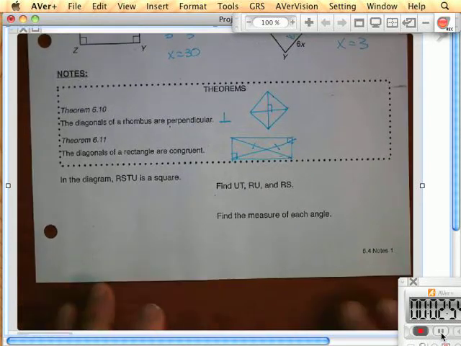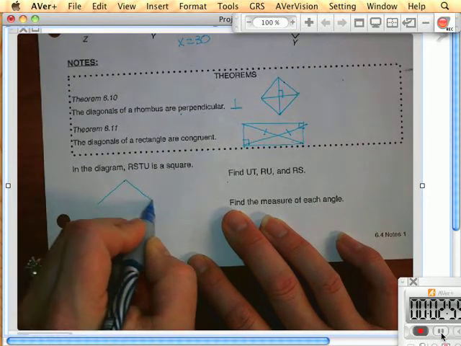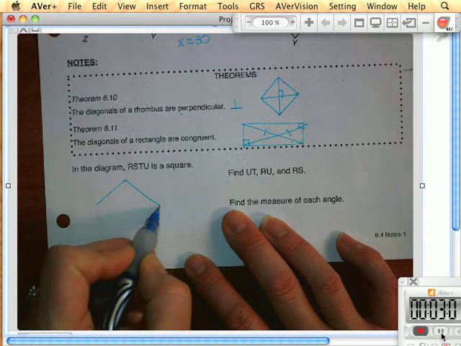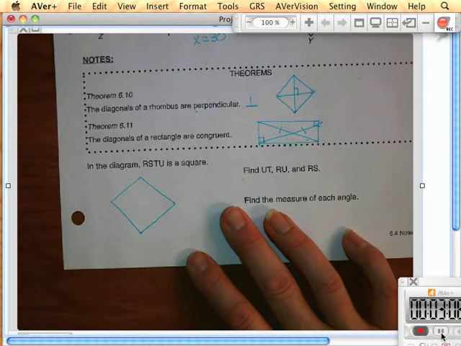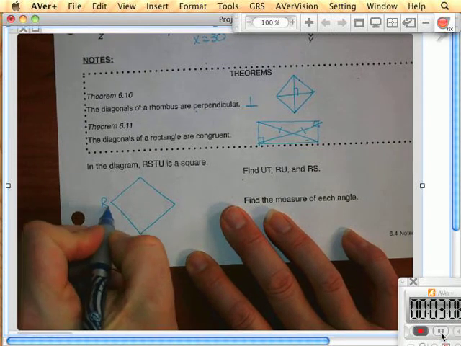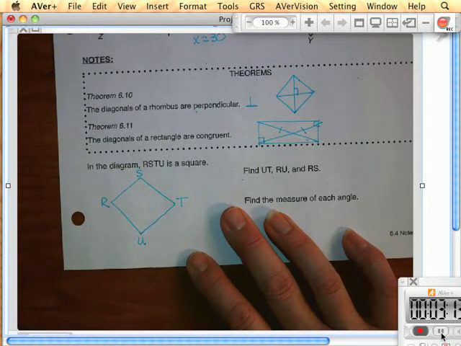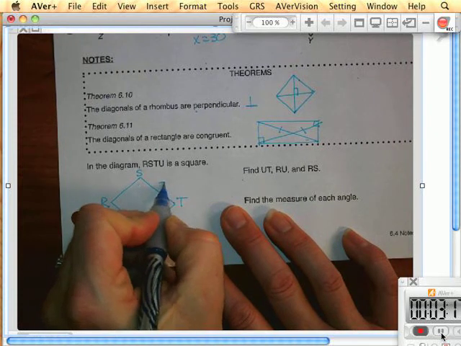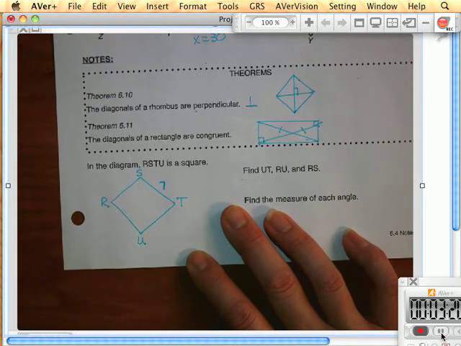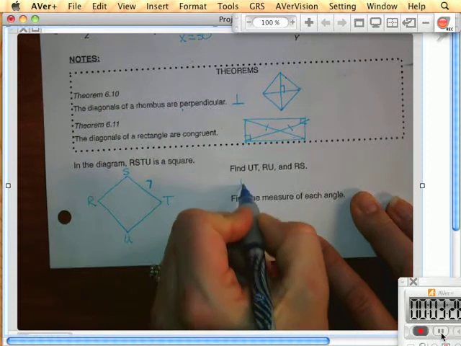Oh, we don't have diagram RSTU here, so we've got to draw it. Sort of like that. Label it RSTU. It is a square, and I know that this is 7. All right, so if this is 7 and it's a square, what is UT going to equal?